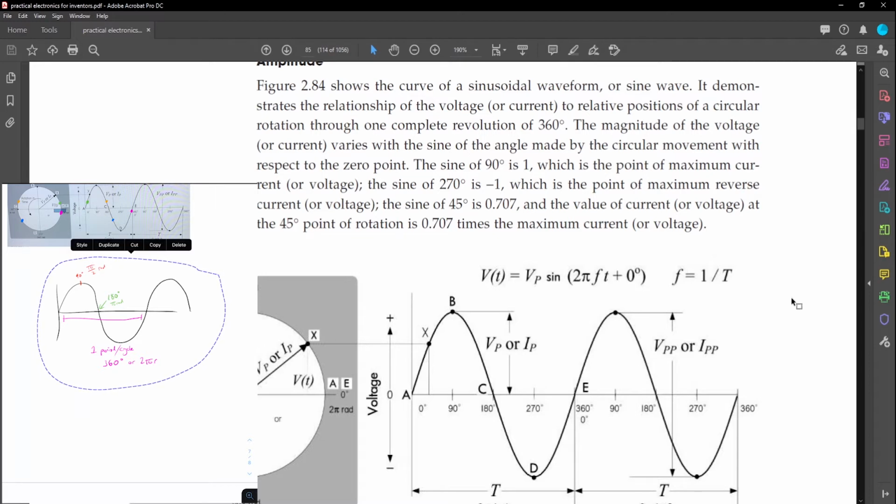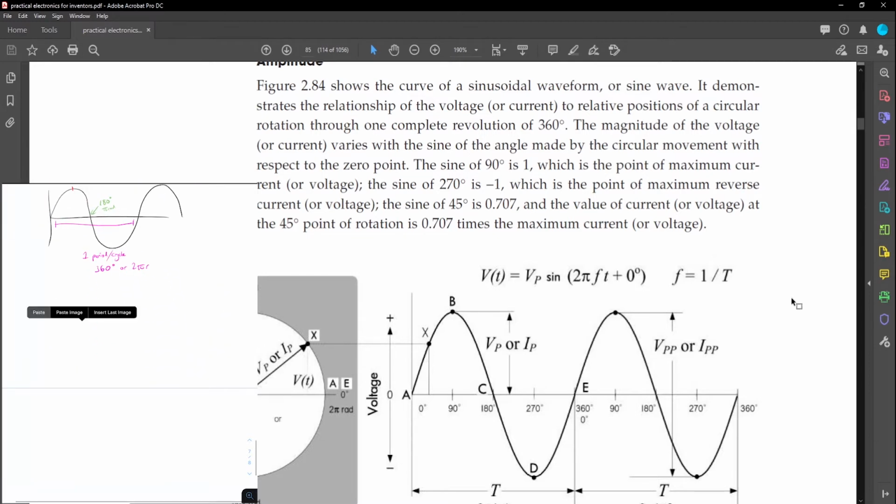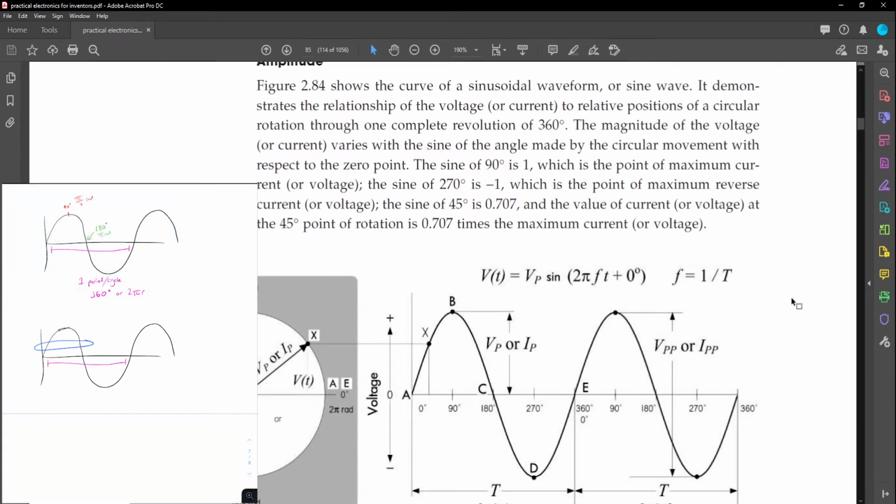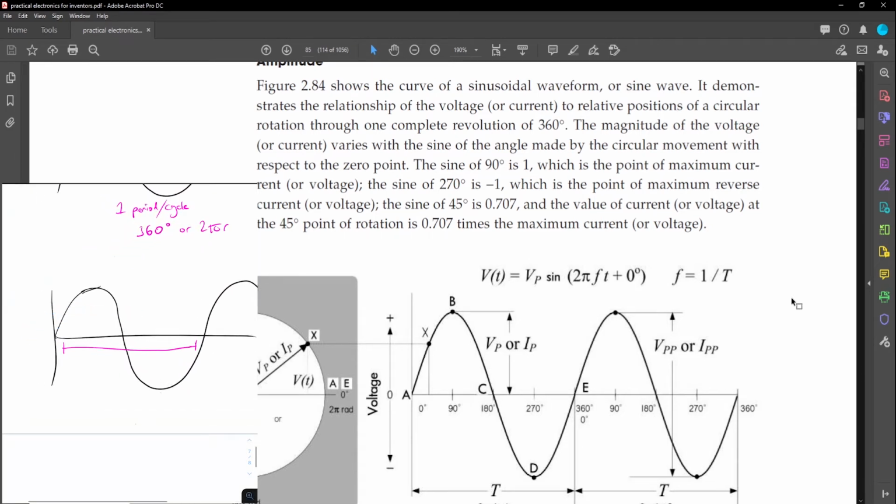So let's copy this. Let's rub this out. So what we're saying here is that these two, let's put an X, that's a bit off actually, X and X, so same magnitude.